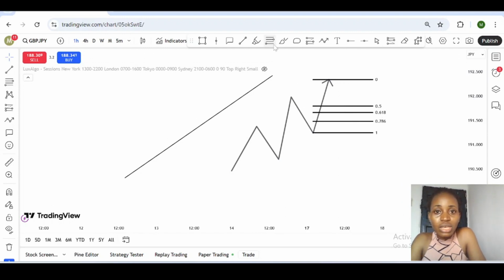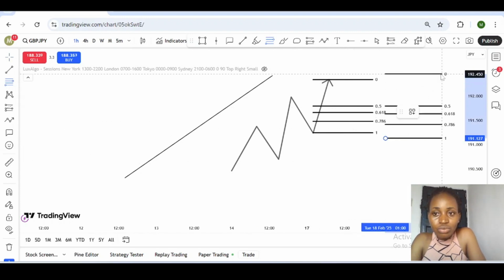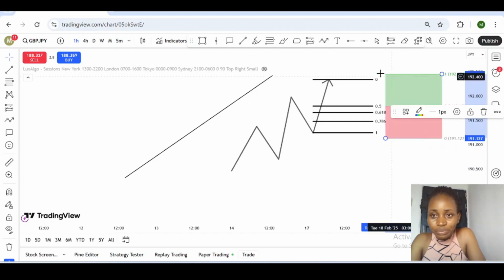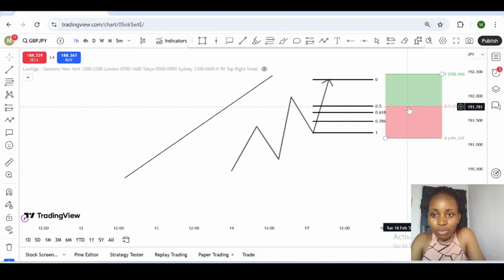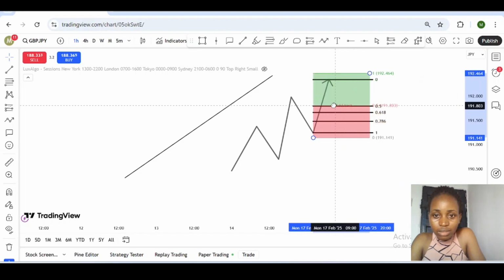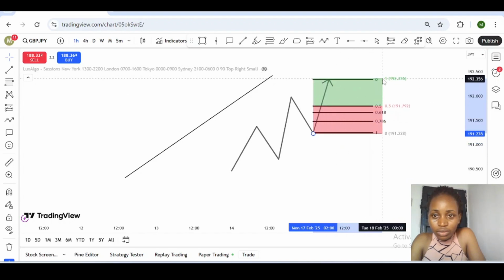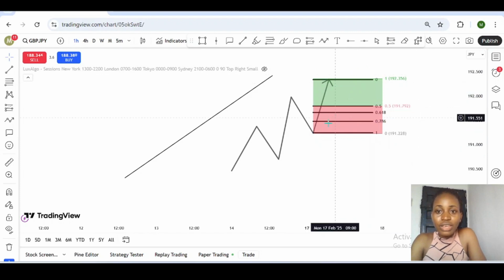Now I'm going to bring in another Fibonacci, like this one here. Let me change it to discount and premium. Okay, so now let me bring it in like this for you to see. Okay, so now you can see from this 50% up, this is premium, and from this 50% down, this is discount.